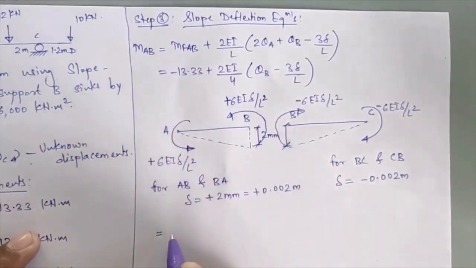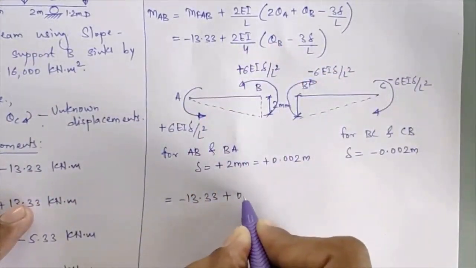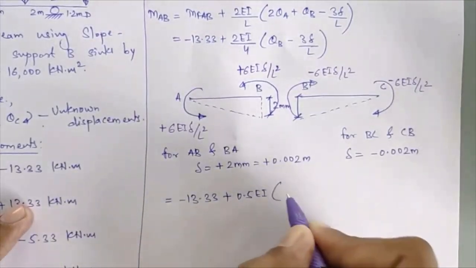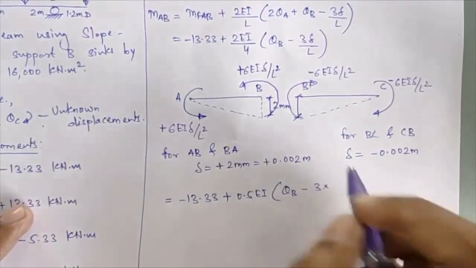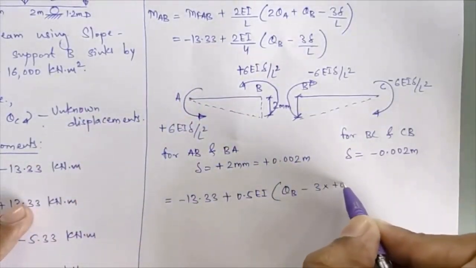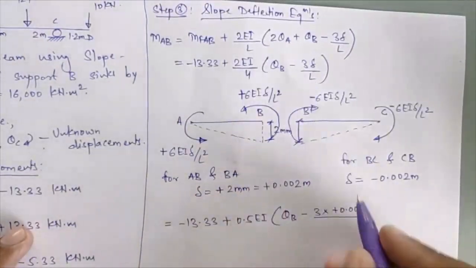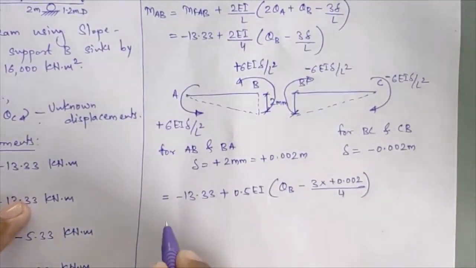So what will we get? Minus 13.33 plus 2 EI upon L, that is 2 by 4, I'll get equal to 0.5 times EI, into bracket theta B minus 3 into delta value, that is for member AB you are getting plus 0.002 divided by length of member AB, that is equal to 4. So we'll simplify this.